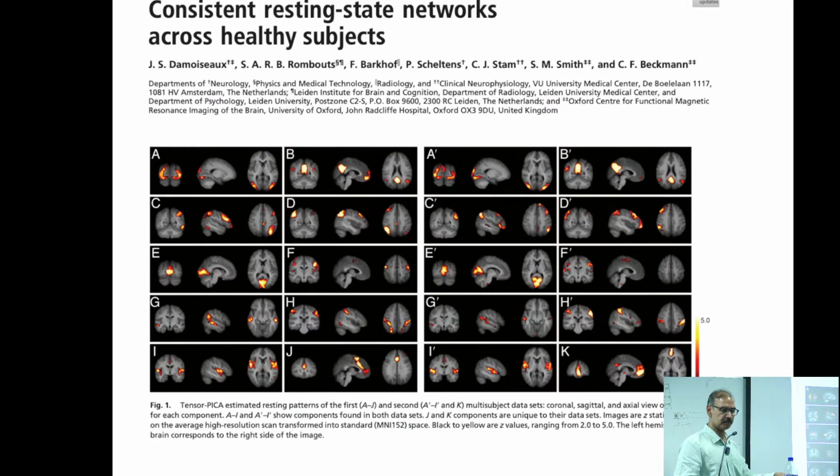Again, this is another paper where they also were able to identify a number of components, again, like visual. Where is the sensory motor? Can anyone tell?